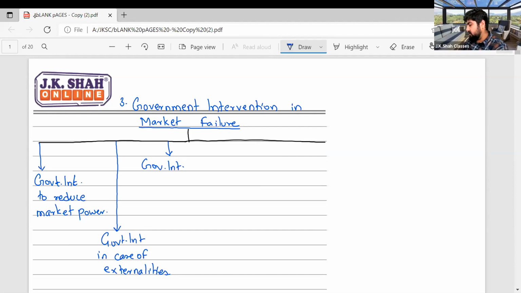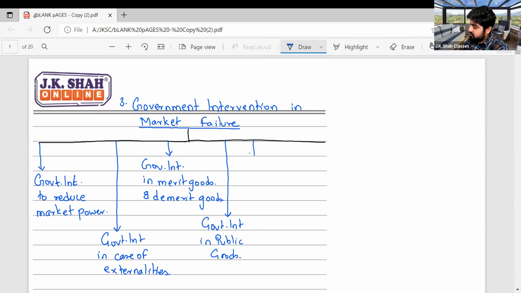Government intervention in merit goods and demerit goods. Government intervention in public goods.